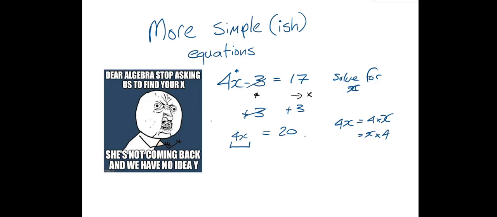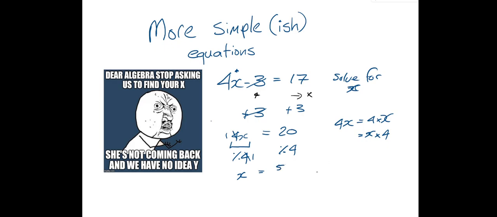So multiplying by 4, the opposite of that is to divide this entire side by 4, and whatever we do to one side we must do to the other side for it to balance out. And they're going to cancel. They're not going to disappear, of course, they're just going to go to 1. So this is going to become x over 1, which is x. And over here, 20 divided by 4, if you remember your times tables, that's 5.